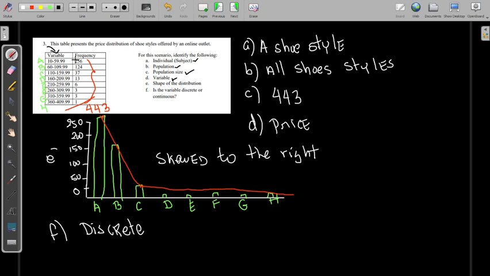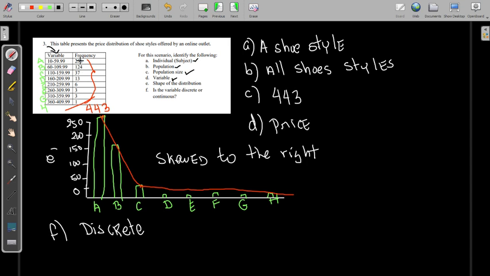For example, there are 256 shoe styles that are between $10 to $59.99. In the other case, at the bottom, you have only one shoe style that is between $360 and $409.99. So obviously you only have one shoe style that goes that high in price.